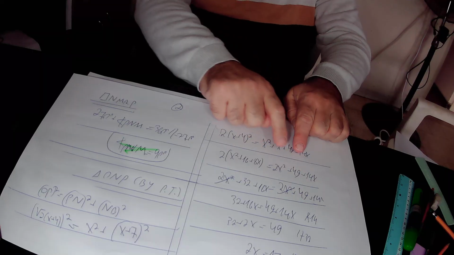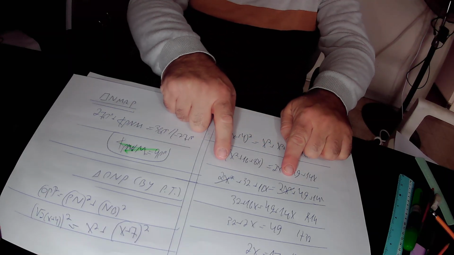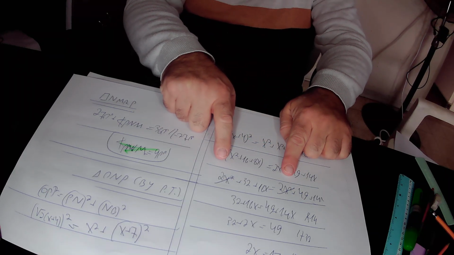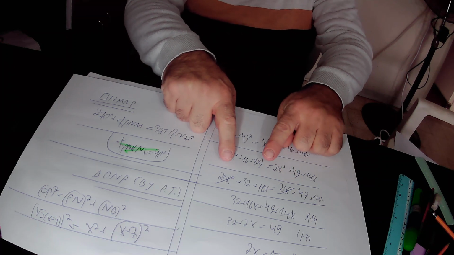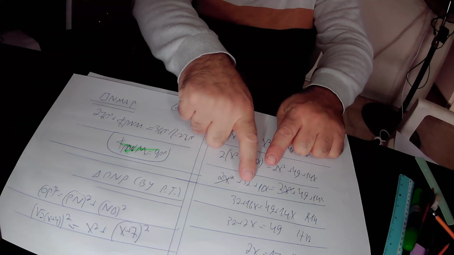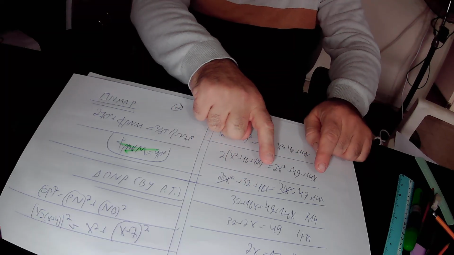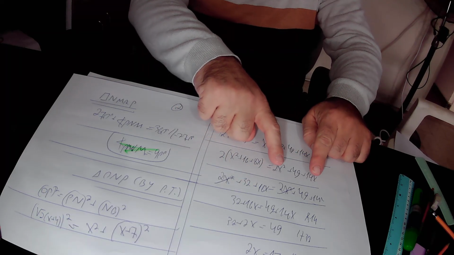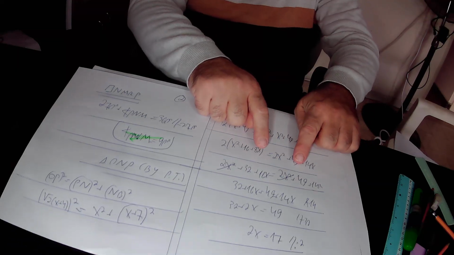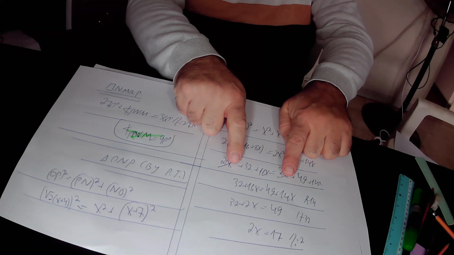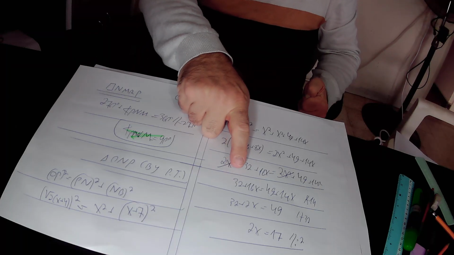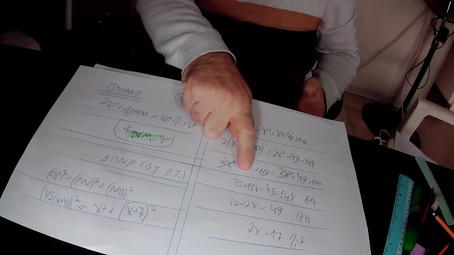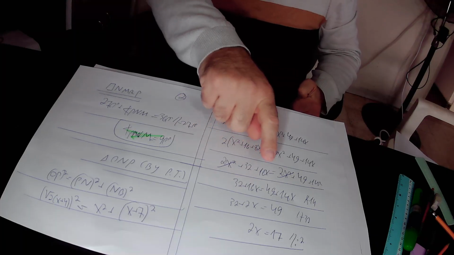Here we have 2x squared on both sides of this equation, so 2x squared we can cancel. After we cancel 2x squared, on this side of the equation we are left only with 32 plus 16x, while on the other side we are left with 49 plus 14x. Here we subtract 14x from this equation, so on this side we have 32, and 16x minus 14x is 2x, and it is equal to 49.